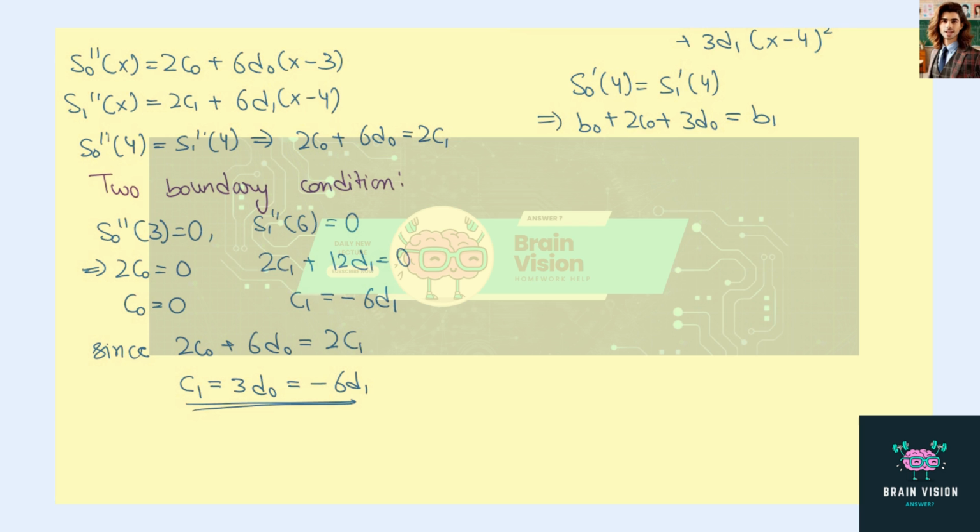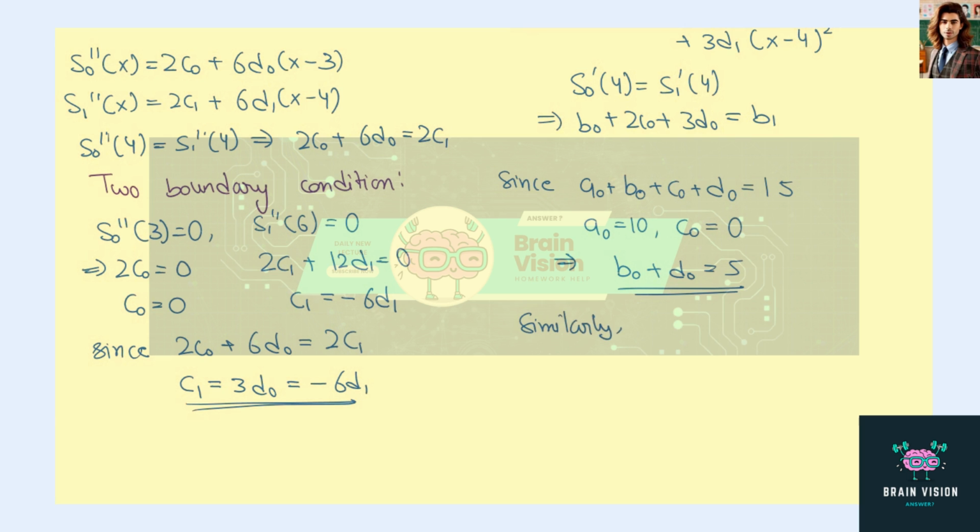And here, since we also have a0 + b0 + c0 + d0 = 15 from S0(4), with a0 = 10 and c0 = 0, we have b0 + d0 = 5. This is another equation.